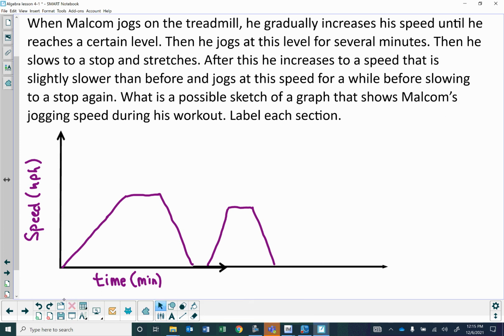Now I need to label my sections of my graph. Okay, so he's increasing right here. And here would be a constant speed. Here is the decreasing speed.